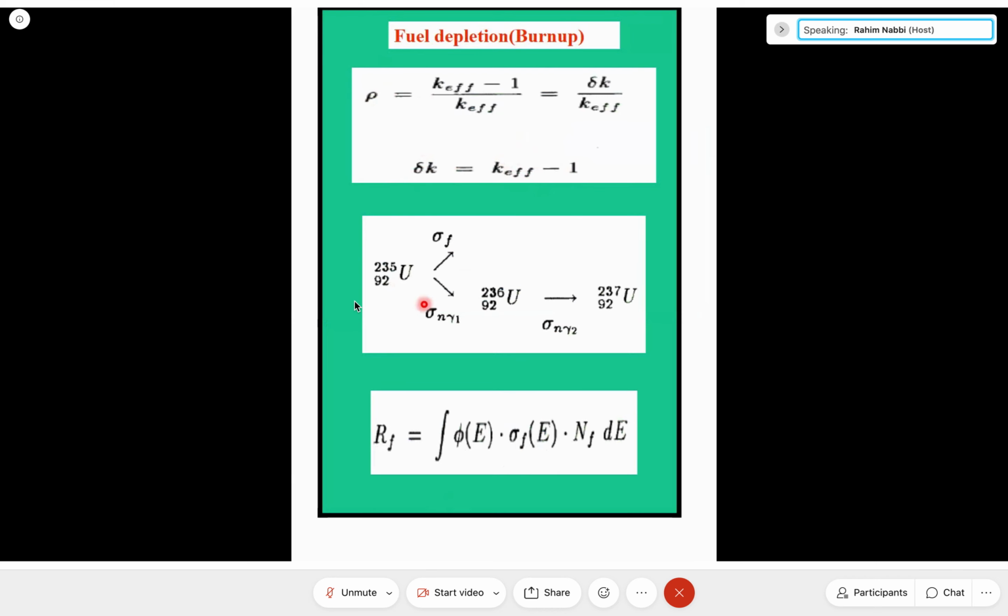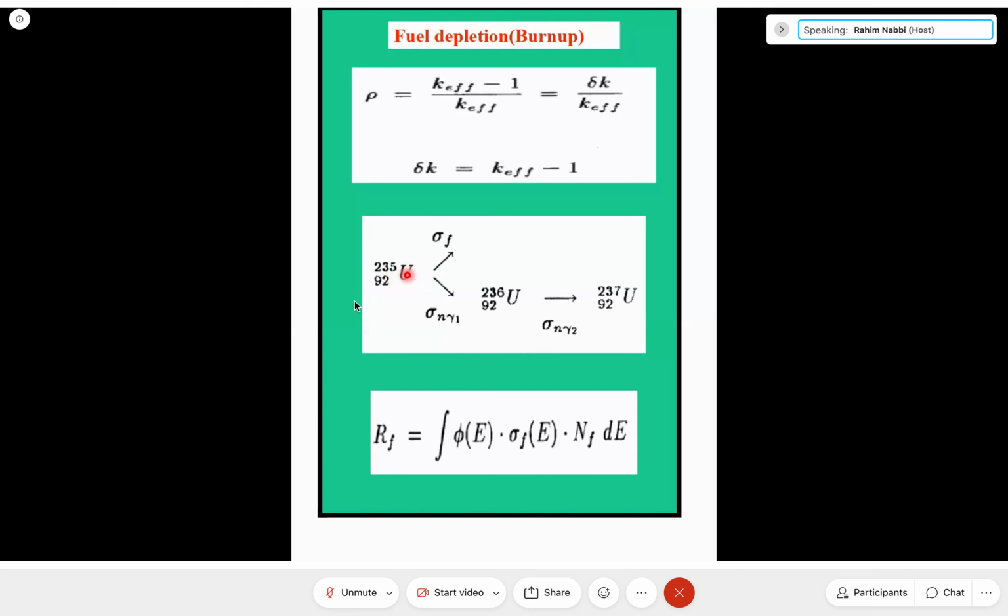Okay, now if we concentrate our attention on one point, the main fissionable material, uranium-235, it absorbs one neutron and then the compound nucleus, the result, has two ways because it is still unstable.